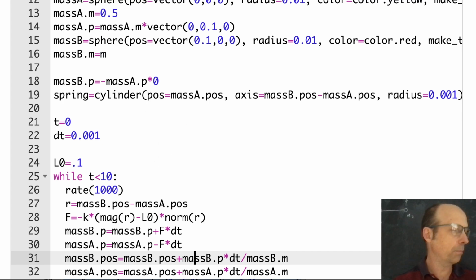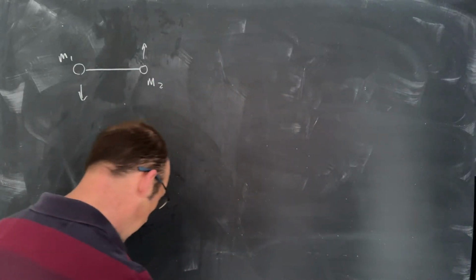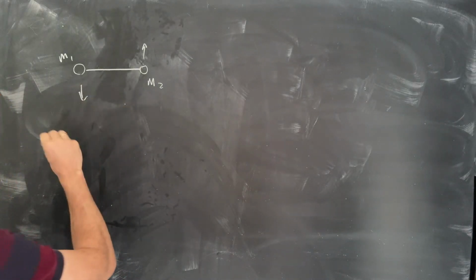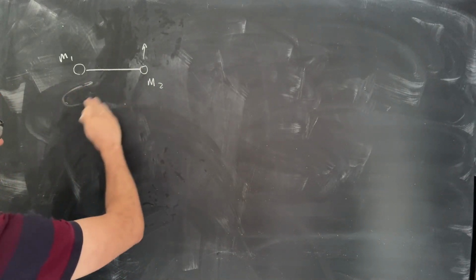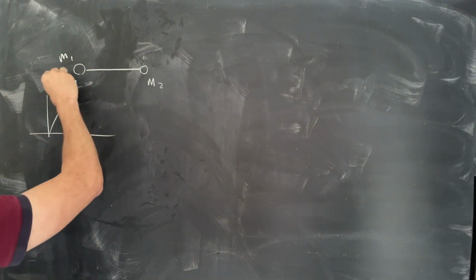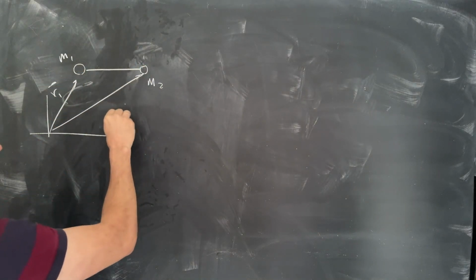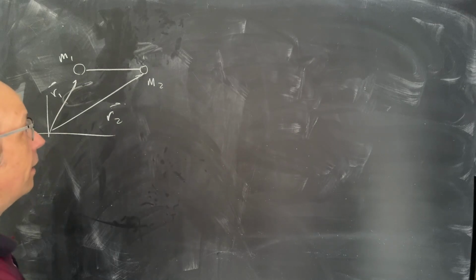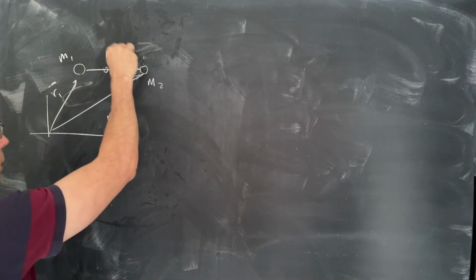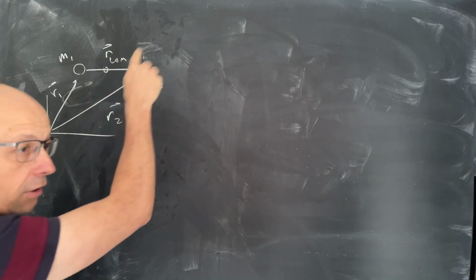Okay, so if we switch up here to the board, here we are. So I have here two masses, and they have some position. Let's say this is R1, the vector R1, and this is the vector R2. Then I can find the location of the center of mass. I'll call that R-com. Com stands for center of mass.